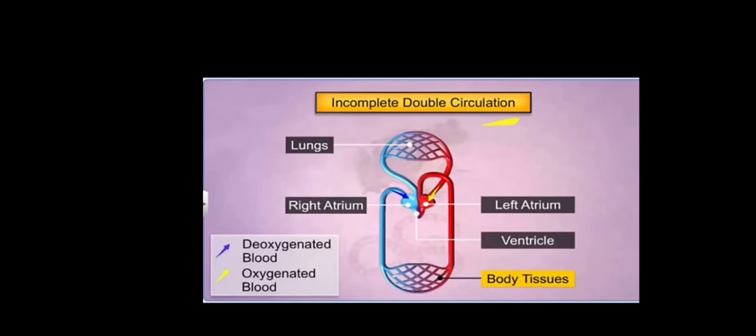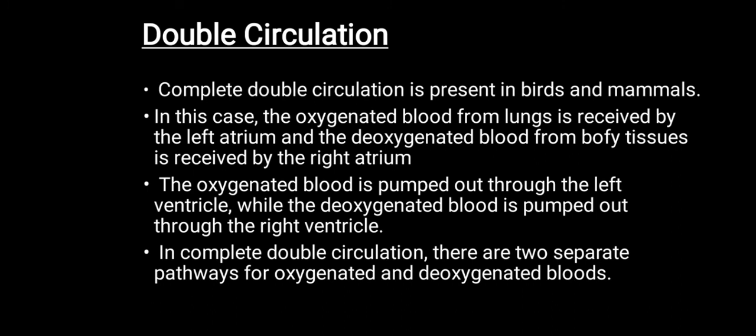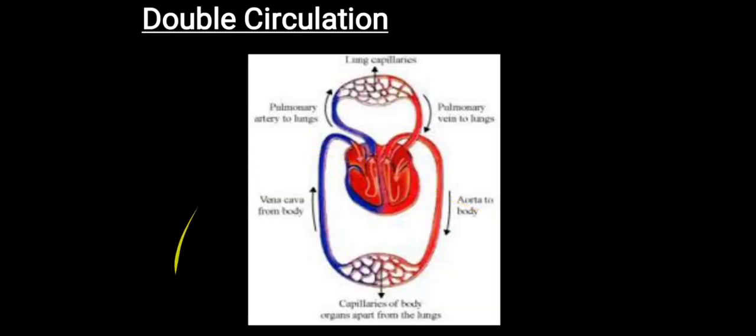incomplete double circulation. The last type of circulation is double circulation, which is seen in birds and mammals. In this type of circulation, the oxygenated blood from the lungs reaches the left atrium, and deoxygenated blood from the body tissues reaches the right atrium.